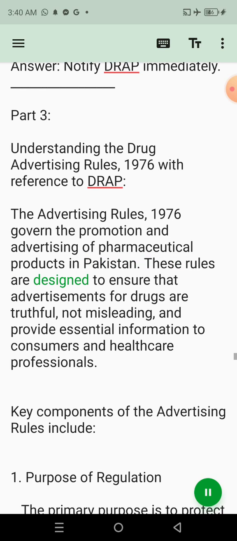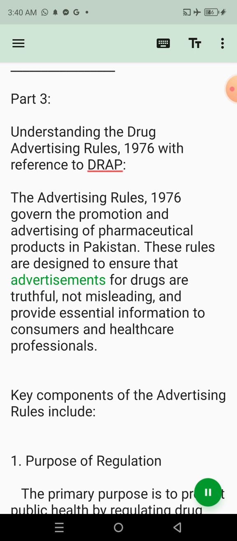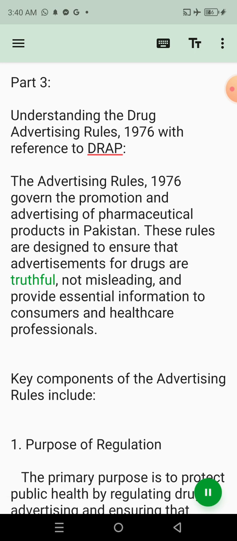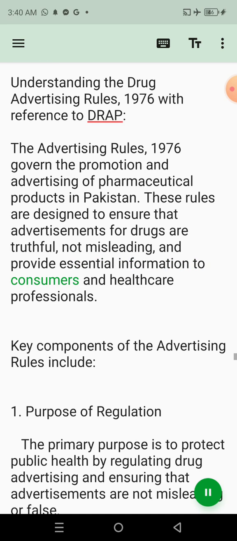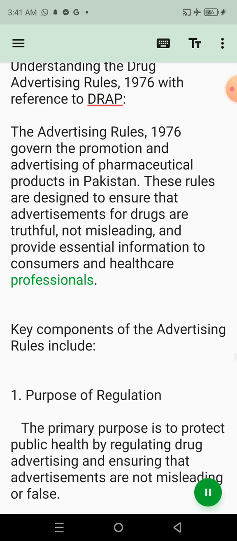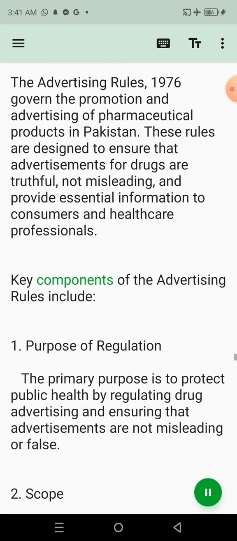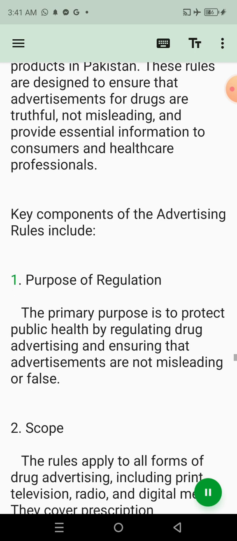These rules are designed to ensure that advertisements for drugs are truthful, not misleading, and provide essential information to consumers and healthcare professionals. Key components of the advertising rules include: 1. Purpose of regulation.